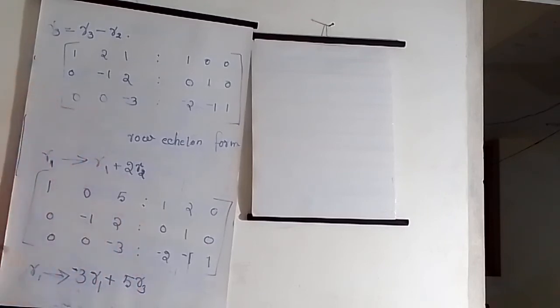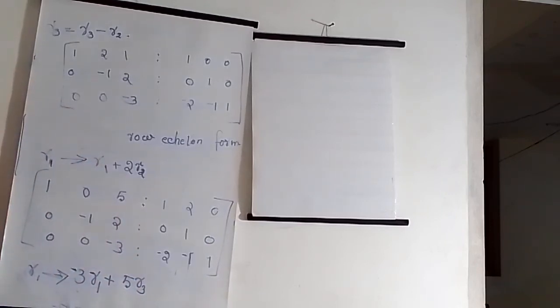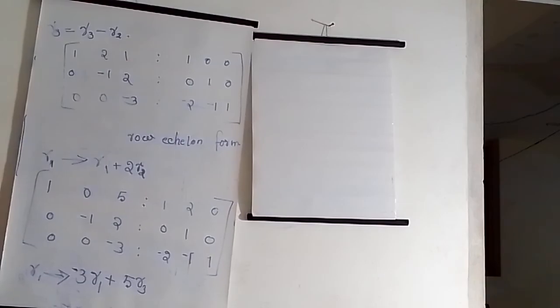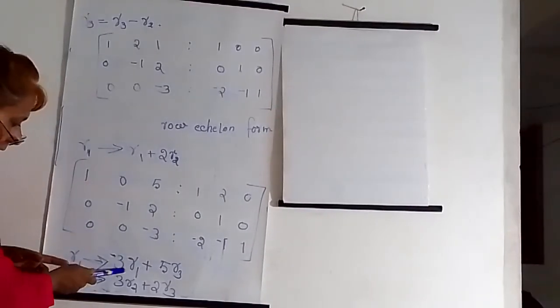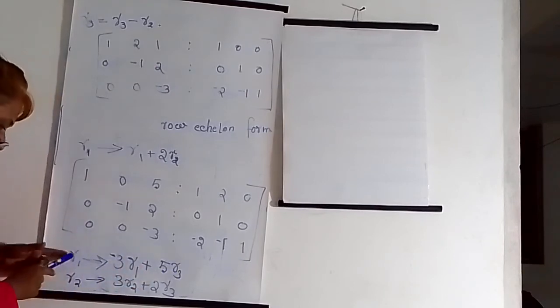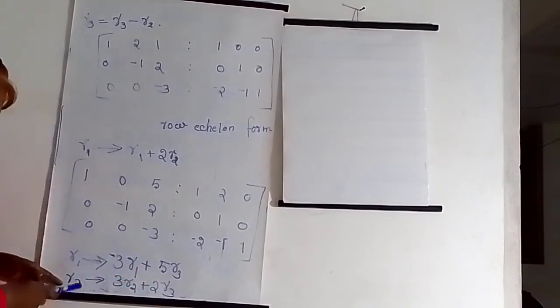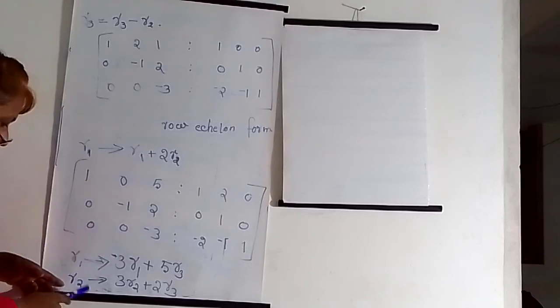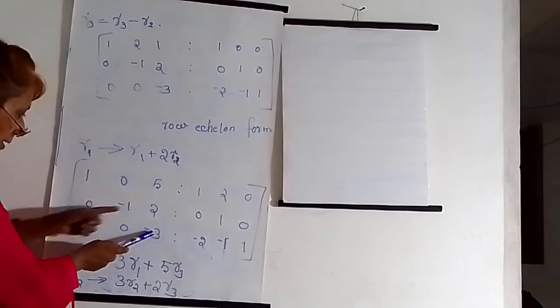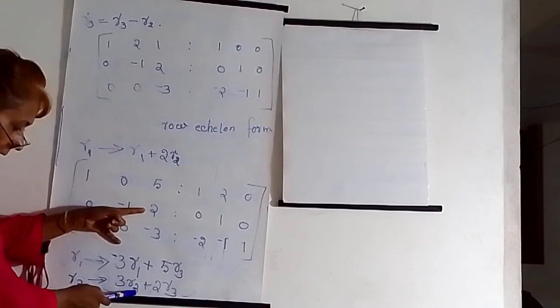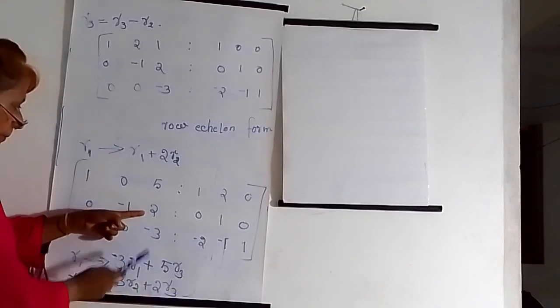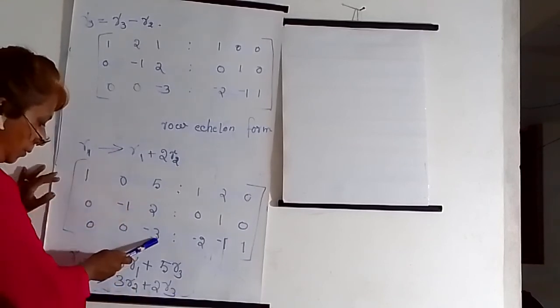Then we can see what changes are coming. Do these two operations, 3R1 plus 5R3, and write it in the place of R1. And in the place of R2 again we want to change it. These two are 0, so we are going to write 3R2 plus 2R3, 2 into R3.